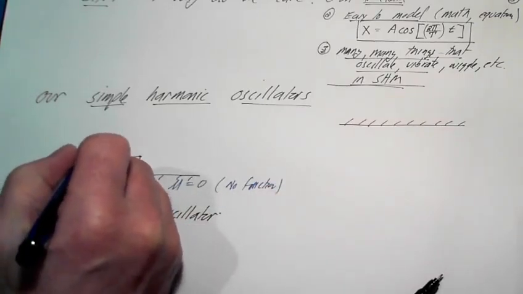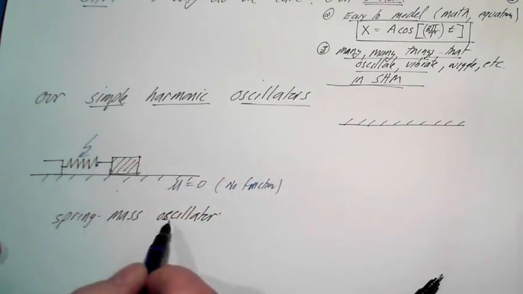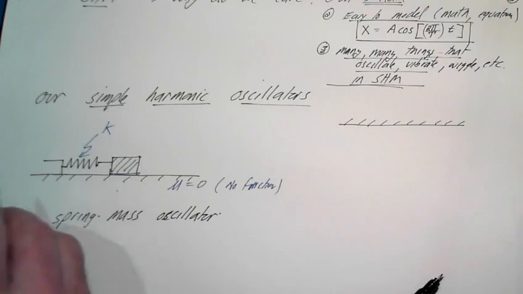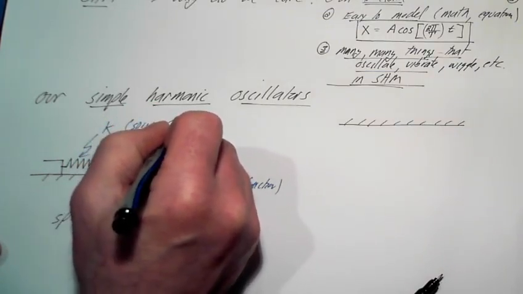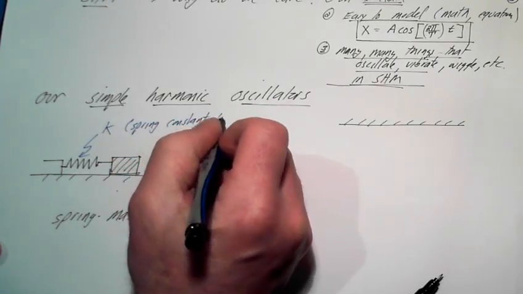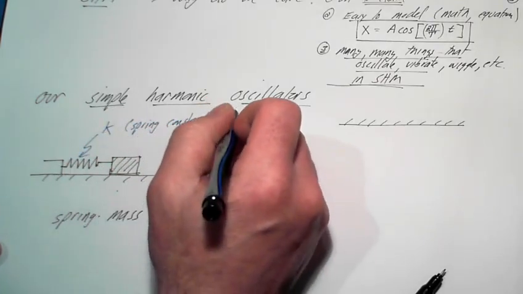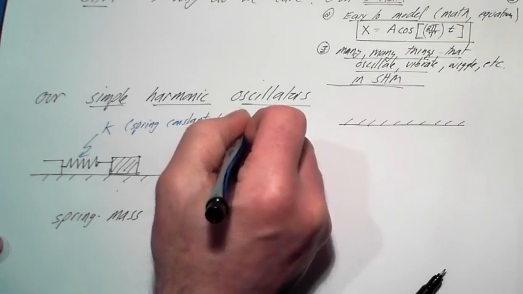There's also going to be a k in our spring mass oscillator. The spring is going to have some k value, and hopefully you recall that that's the symbol for the spring constant, which is a constant of proportionality that indicates the stiffness of the spring.